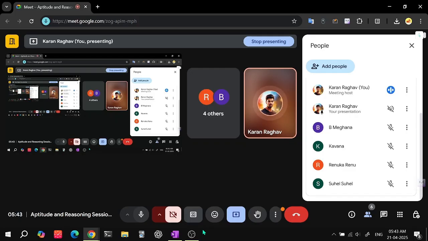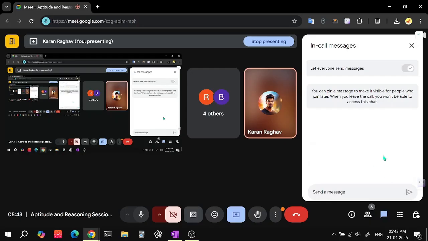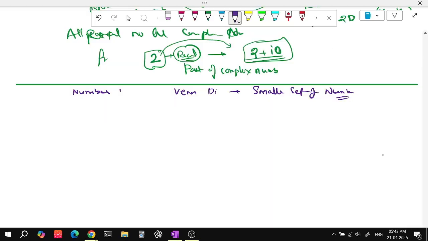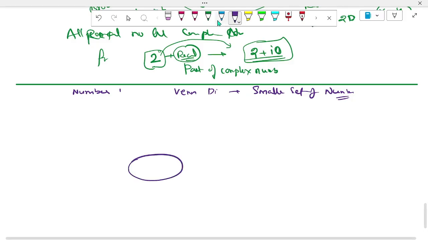Which is the smallest set of numbers? Anyone? Okay, I'll just write the first one. The smallest set of numbers is natural numbers.